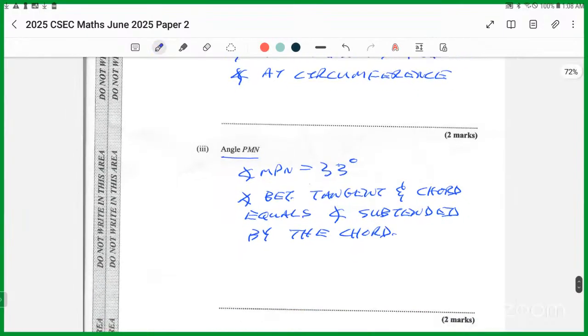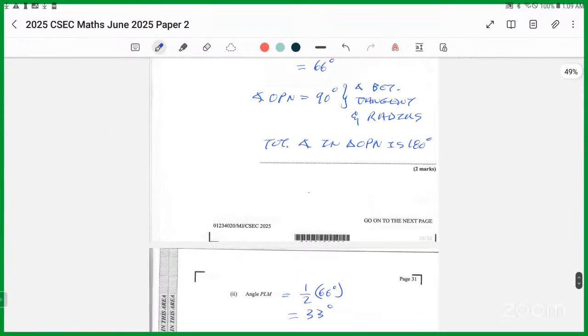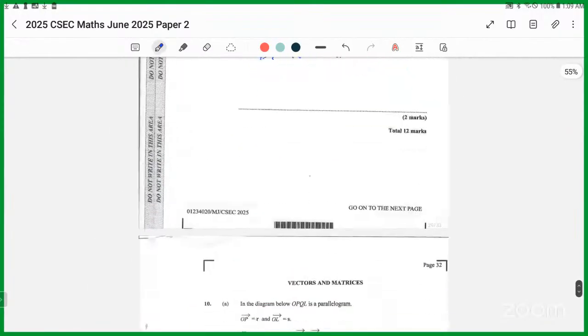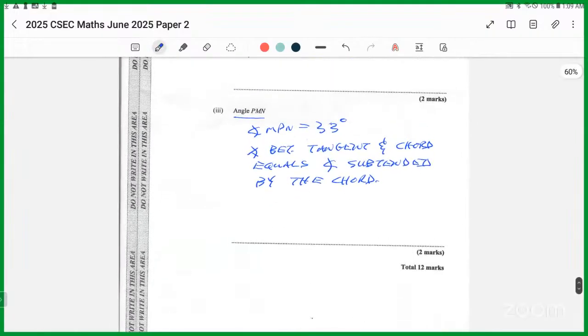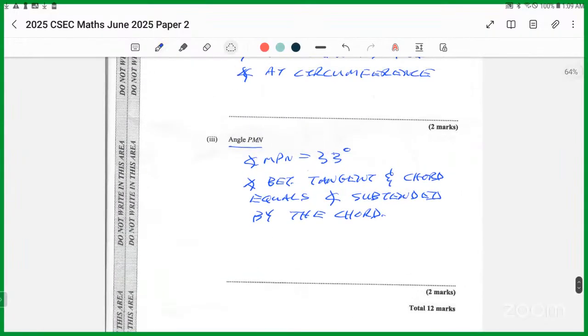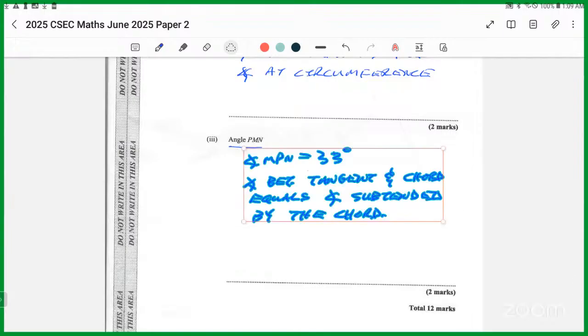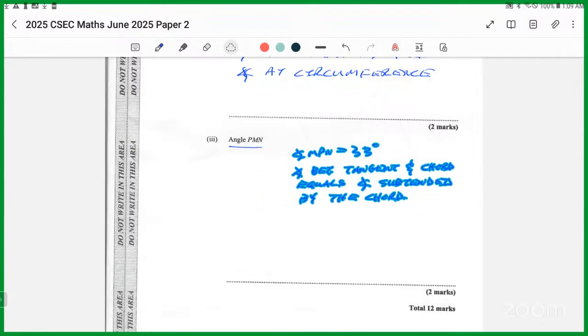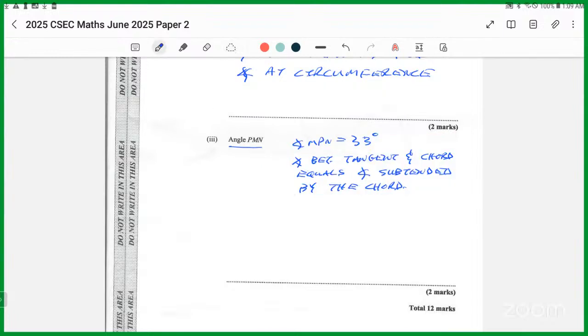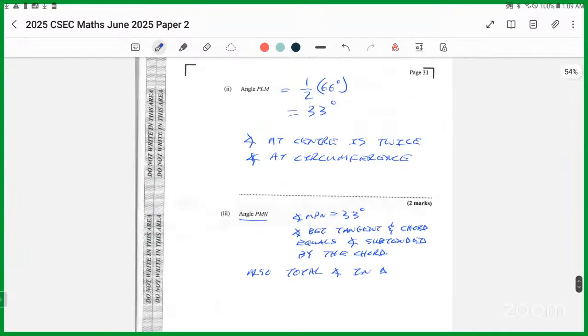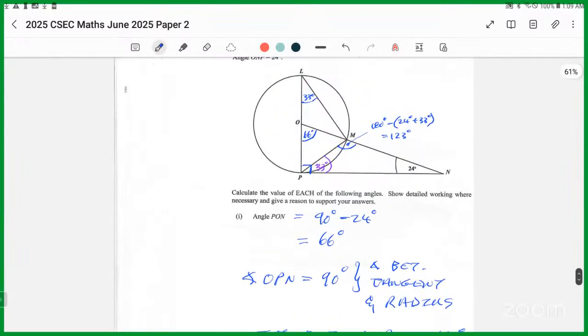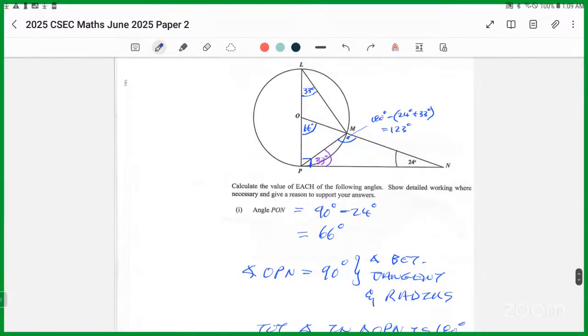And after that, total angle in triangle is 180. The triangle we're talking about is PMN.